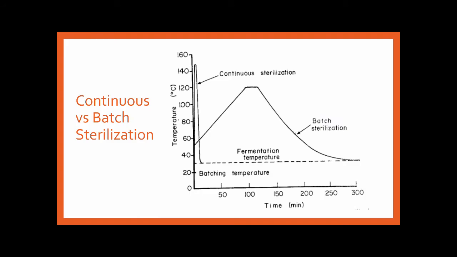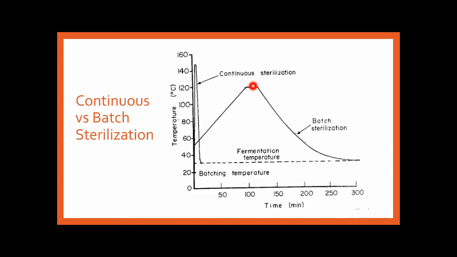Now, like in other processes, you also have continuous sterilization and batch sterilization. And if you notice here, the temperature over time, for batch sterilization, since it's by batch, you have a longer time period to do the sterilization. If your target temperature is around 121, you increase your time.